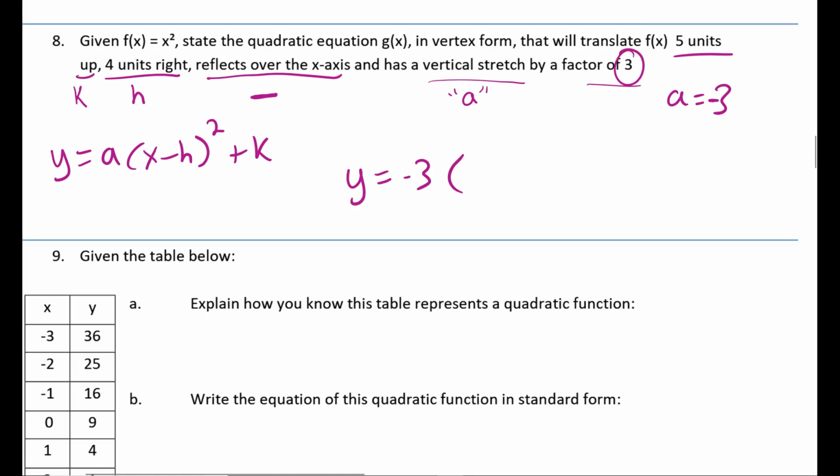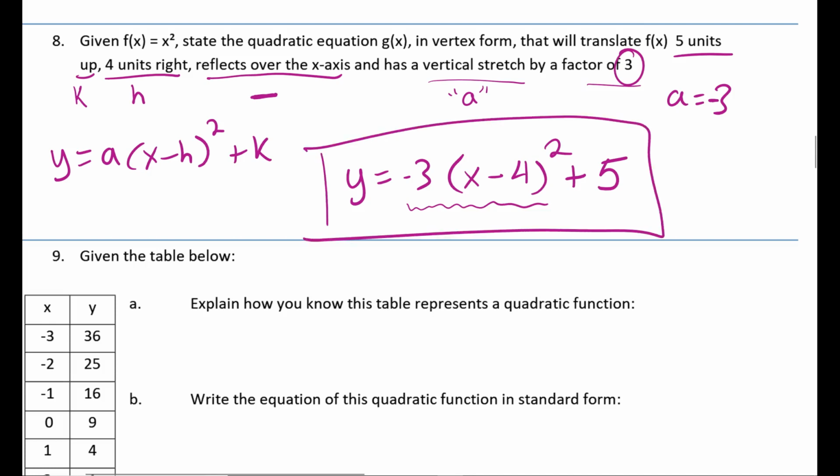And I want to move 4 units to the right, so my h value is going to be 4, because when I subtract a number from x in the parentheses, that's going to move the graph right. And to move 5 units up, I add 5 to the whole thing. And that would take all of these f of x values and scoot them up 5 units. So this is what the final equation would look like.